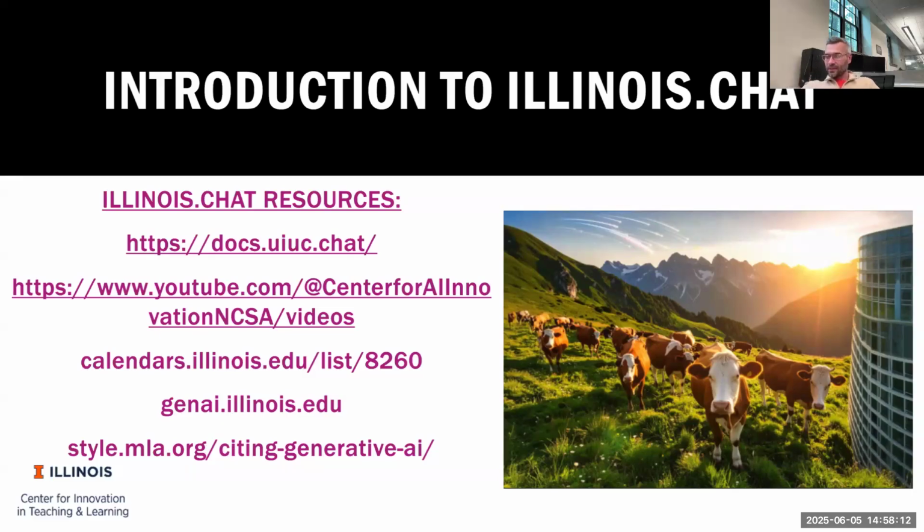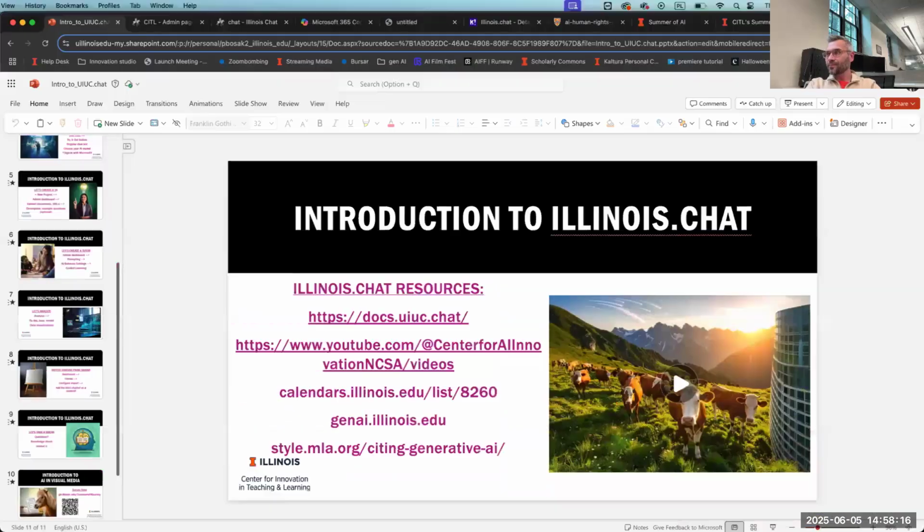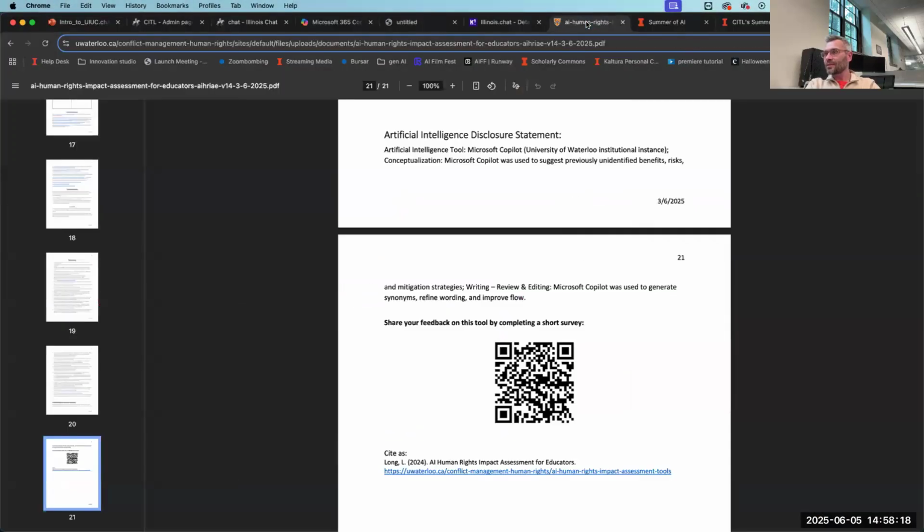As a matter of fact, I'm going to share the screen and show you one other thing. I noticed it recently. This is a paper called AI Human Rights Impact Assessment for Educators Using AI. The author of this paper put a disclaimer at the bottom of the document, highlighting the way that she used generative AI to craft this very document.